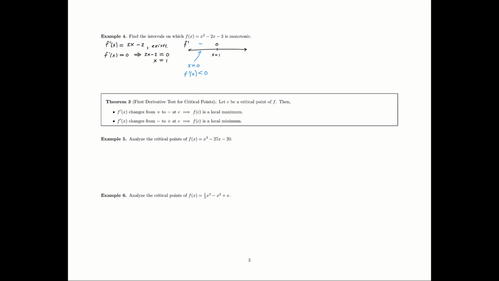Why? Because our first derivative is a polynomial, so it's also continuous. If that varies continuously, there's no way we can go from a negative to a positive here unless in the middle there was a 0. We know there's not a 0 in the middle because we looked for all of our zeros, and the only 0 we found was right here. So if our first derivative does change signs at all, it would have to happen across this 0.